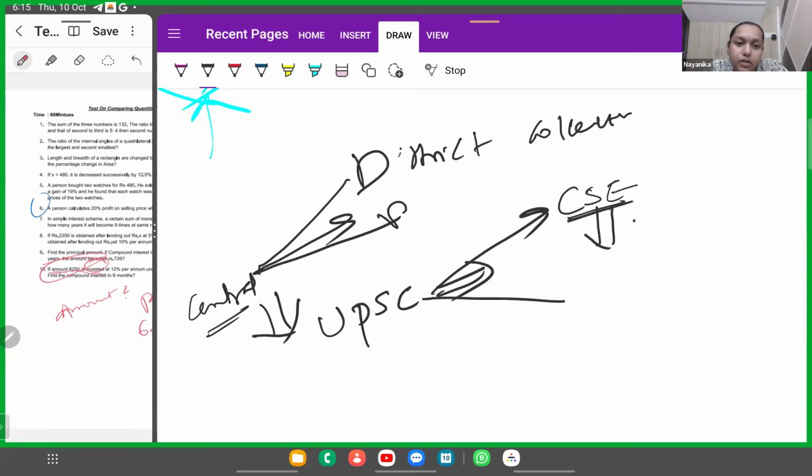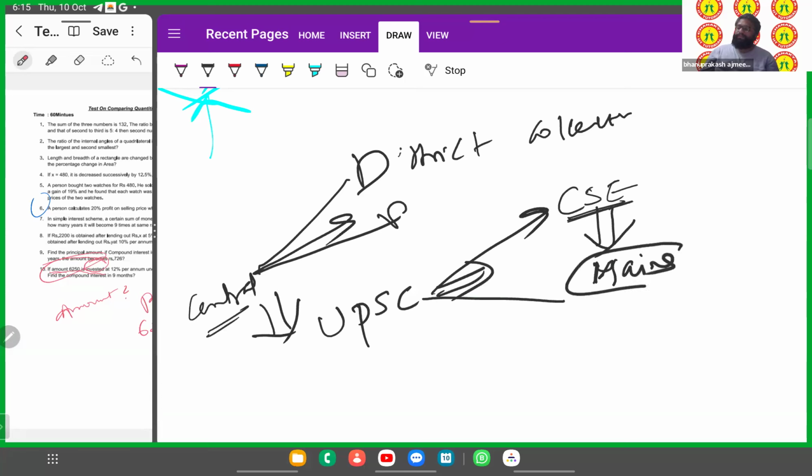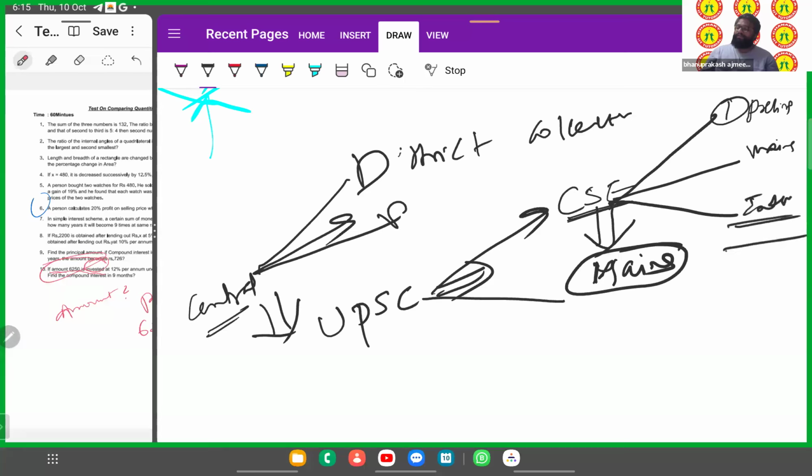Last month I wrote the Civil Services Examination Mains. This exam is categorized into three selection stages: first prelims, then mains, then interview, and then the final list. According to your rank, you will get the service.